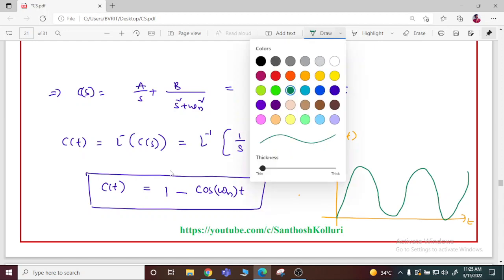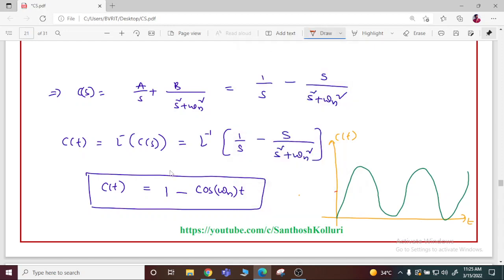So, this is 1 unit step input, and this is the peak values of this cos function, this is 2.